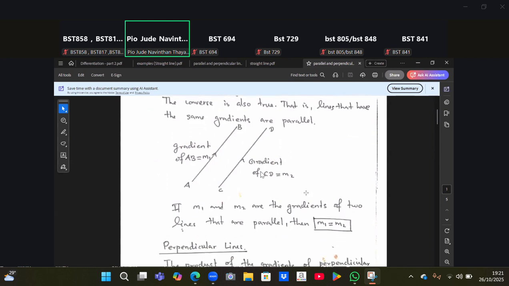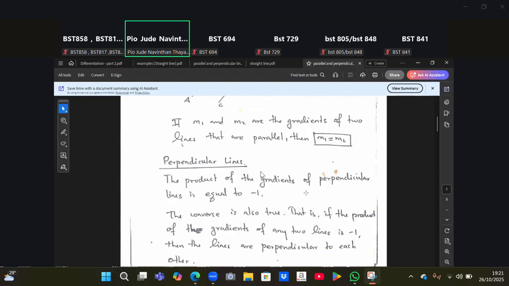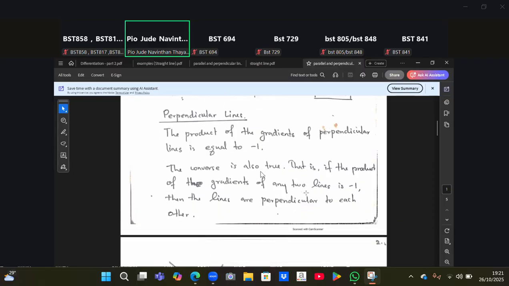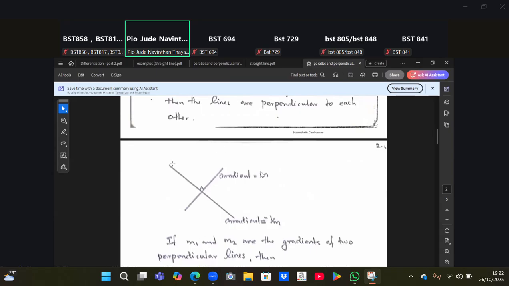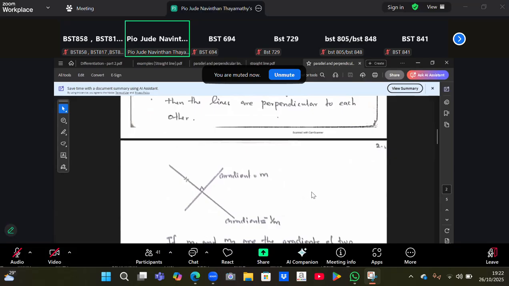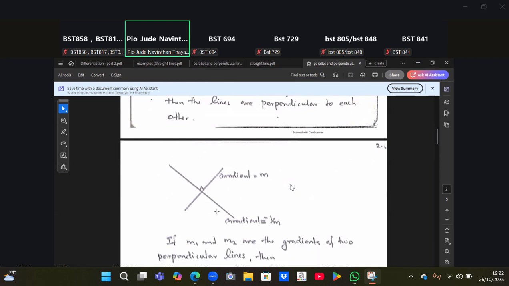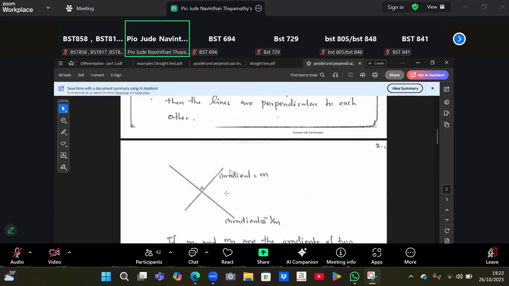All the notes already said that. Perpendicular lines means two lines cut each other at a right angle, so the angle theta is equal to 90 degrees.